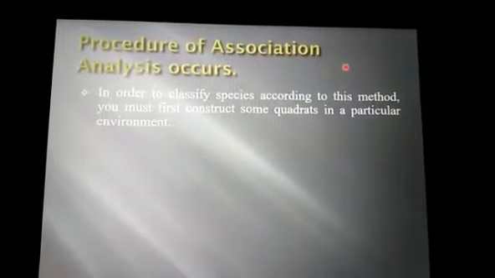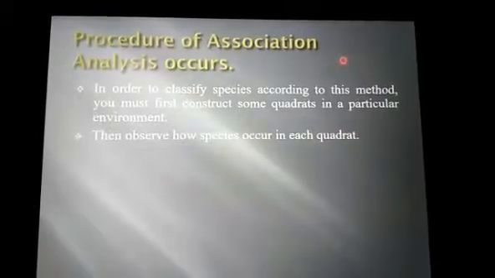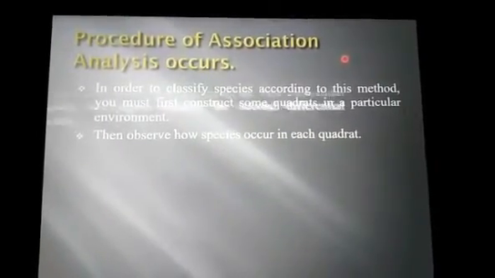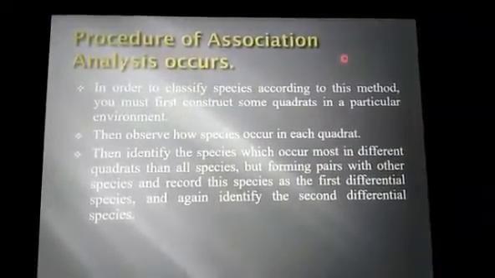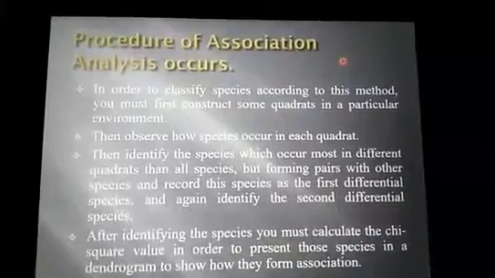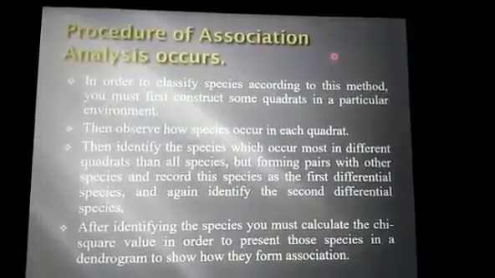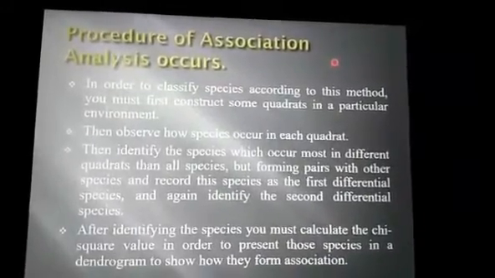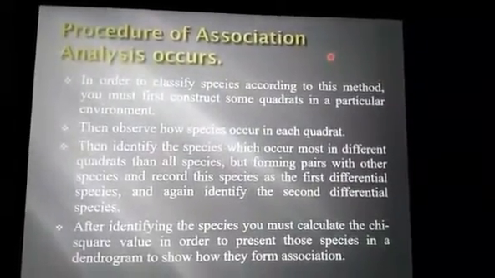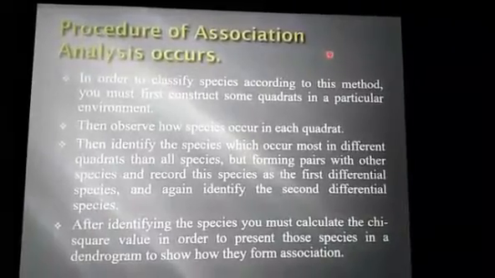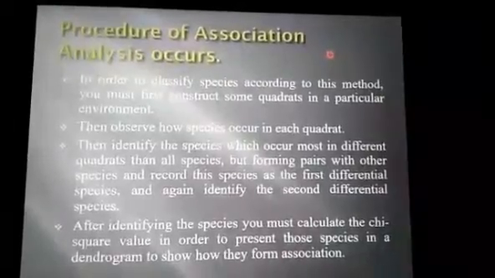So in order to classify species according to this method, you must first construct some quadrats in a particular environment. Then observe how the species occur in each quadrat. Then identify the species which occur most in different quadrats, but seem to be forming pairs, occurring in pairs with other species, and record these as the first differential species, and again identify the second differential species.